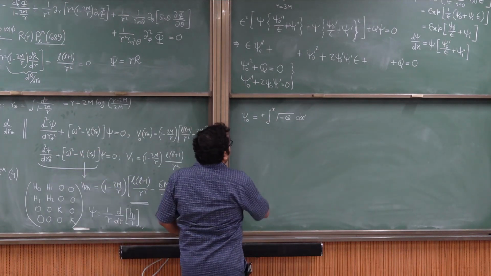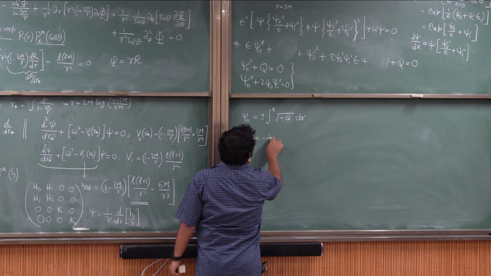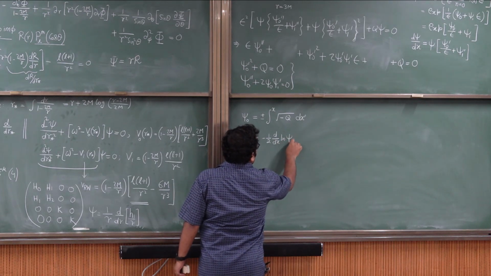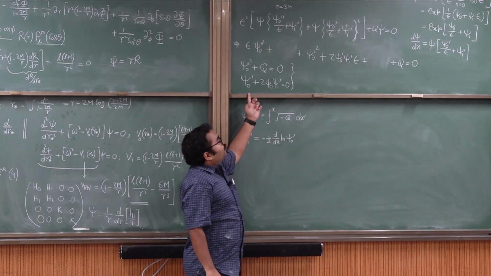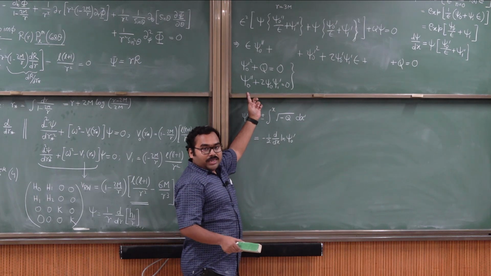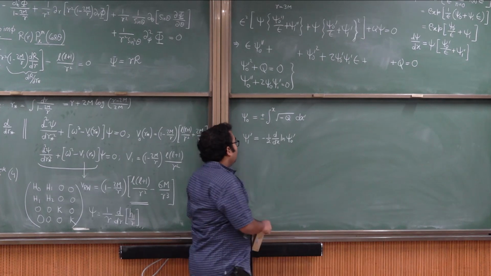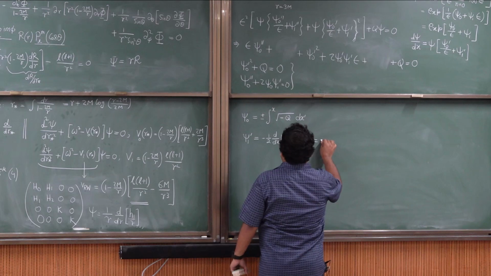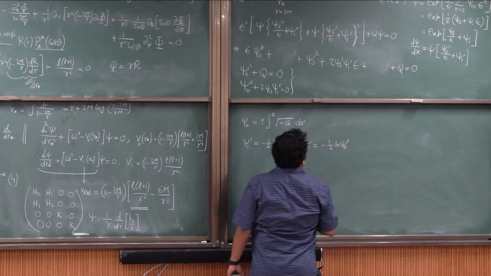And from the second equation, you see that psi 1 prime is equal to minus half d/dx of psi naught prime. What you do, you take the psi naught prime to the other side. So it is derivative of psi naught prime by psi naught prime, which gives me log of psi naught prime, and the half comes through. So that solves for psi 1, which is minus half log psi naught prime.